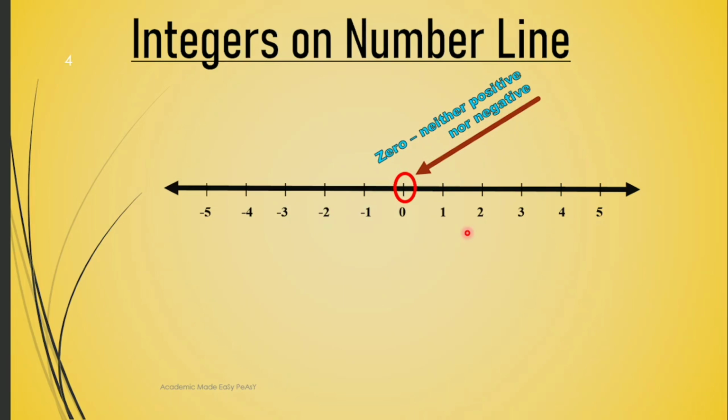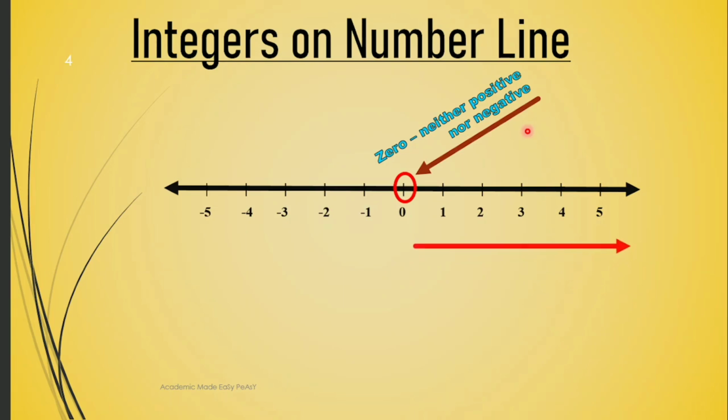And as I said, 0 is neither positive nor negative. Why? Because I already said in the introduction, let me repeat it again: 0 means it does not have any value. So being positive or negative doesn't make any sense. That's what 0 is, neither positive nor negative. This is the central point on a number line.